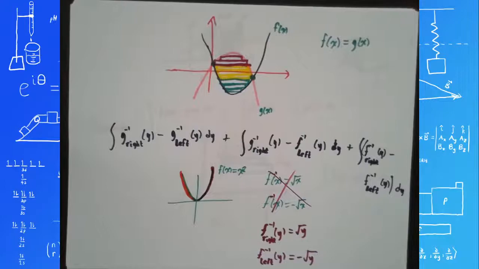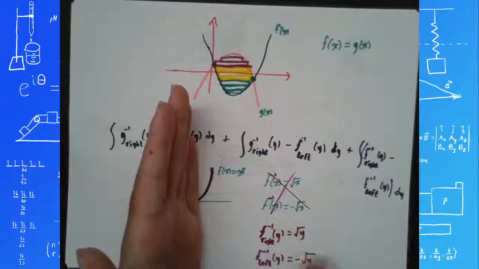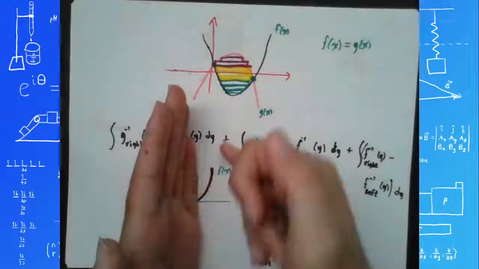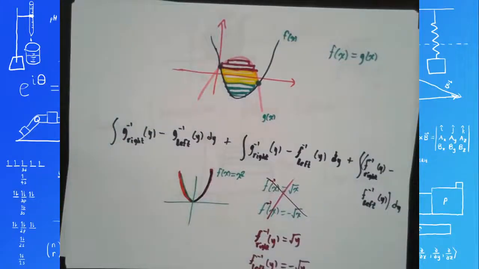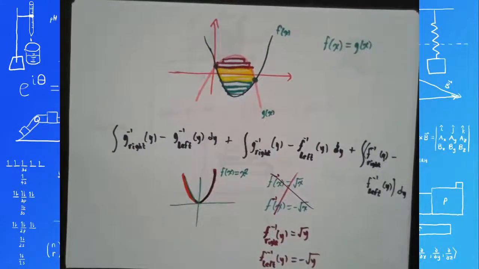You learned about the horizontal line test when inverting functions, that if a function doesn't pass the horizontal line test, then it doesn't truly have an inverse unless you restrict it to just a section that does pass the horizontal line test. But now I'm rambling.